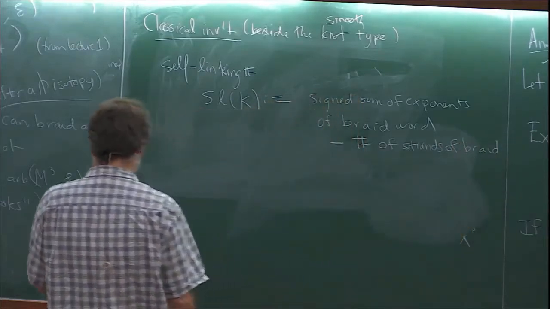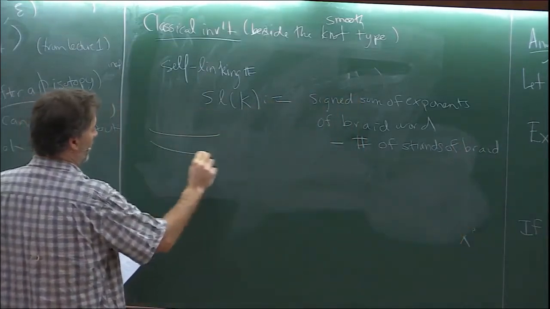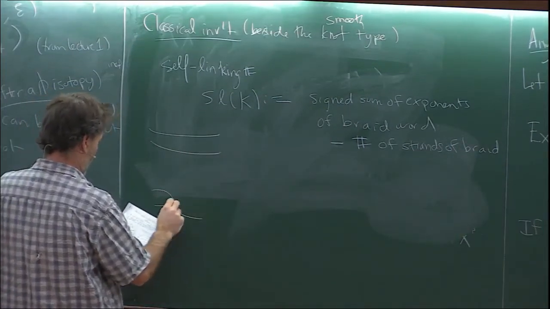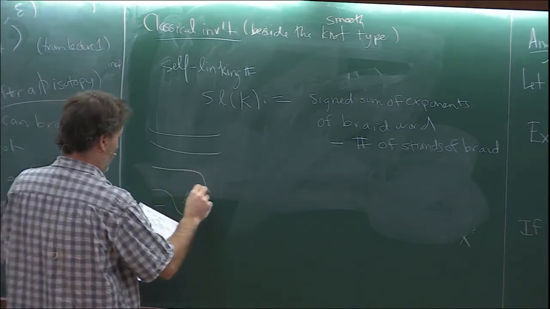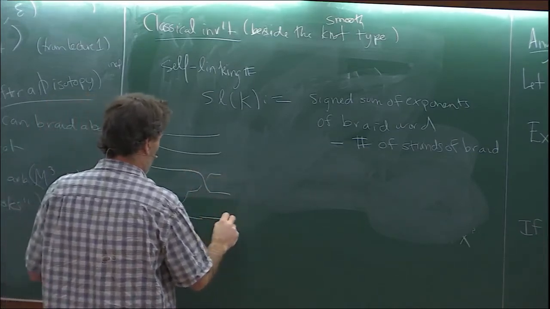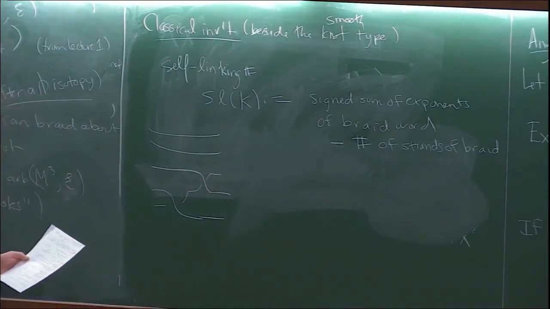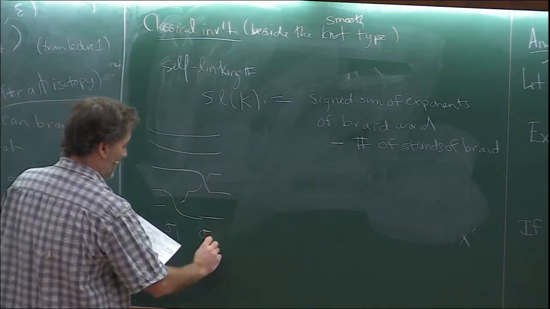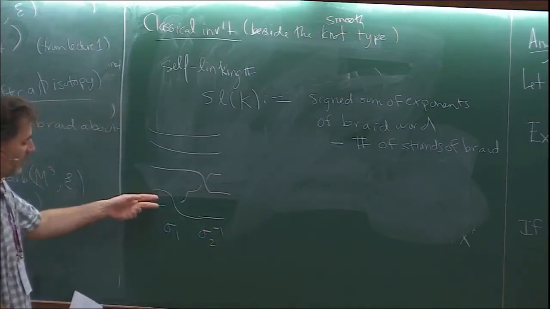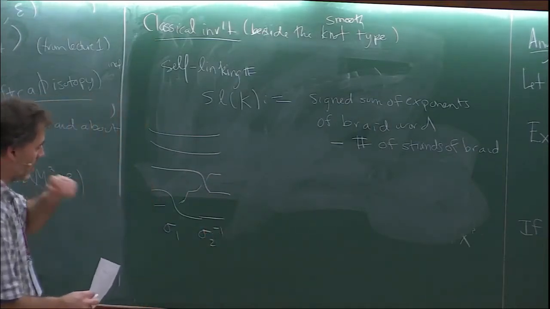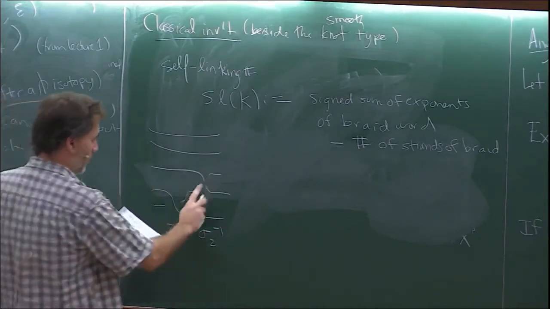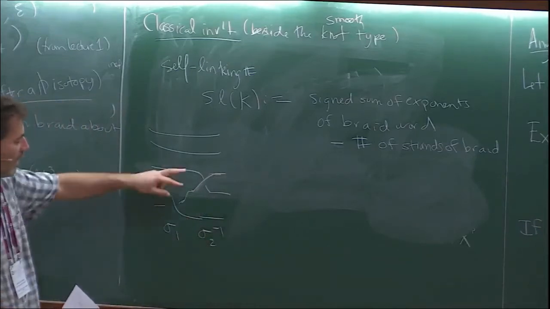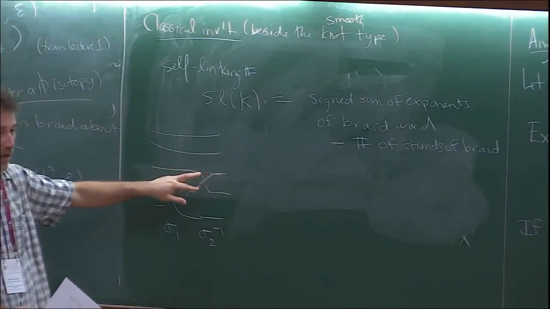So, for example, if I have some sort of braid like this, then the braid word here is sigma 1, sigma 2 inverse, because I'm switching strands 1 and 2 one way, and strands 2 and 3 another way.